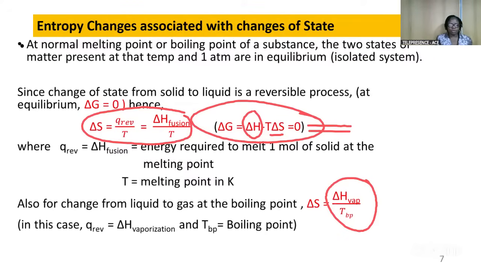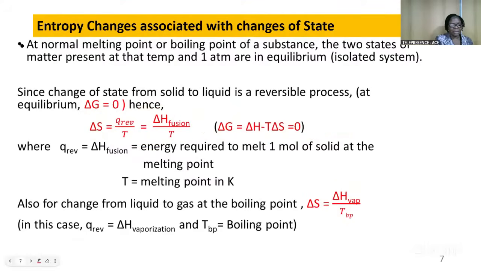And if you want to reverse, for instance, moving from gas to liquid, there will be condensation, and the sign on delta H of vaporization will change to the opposite sign.